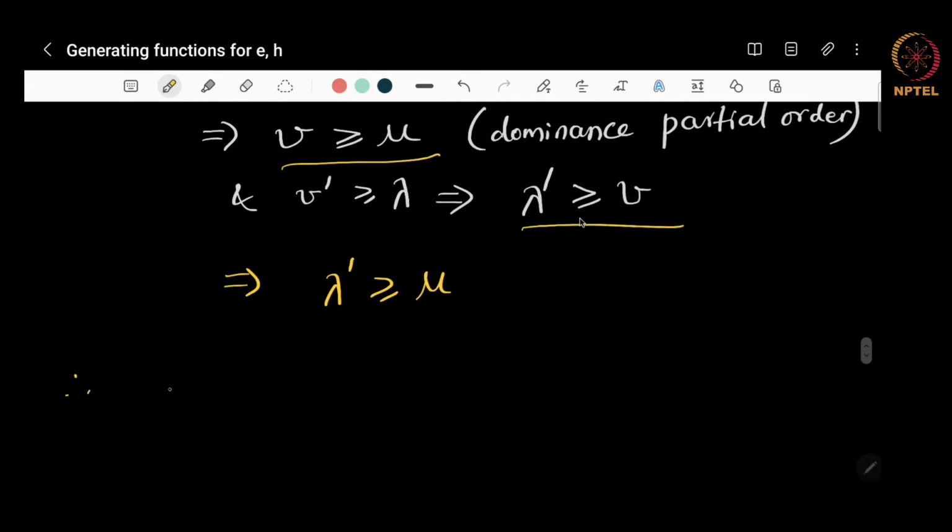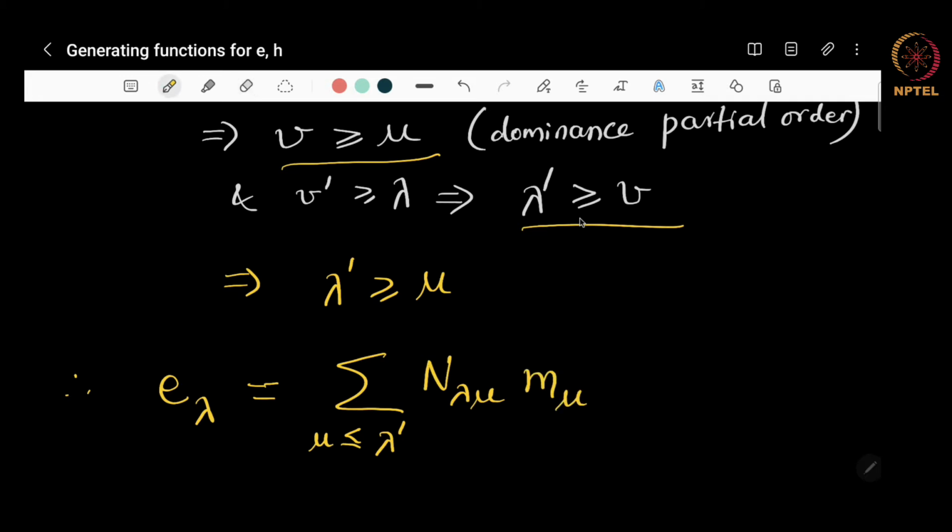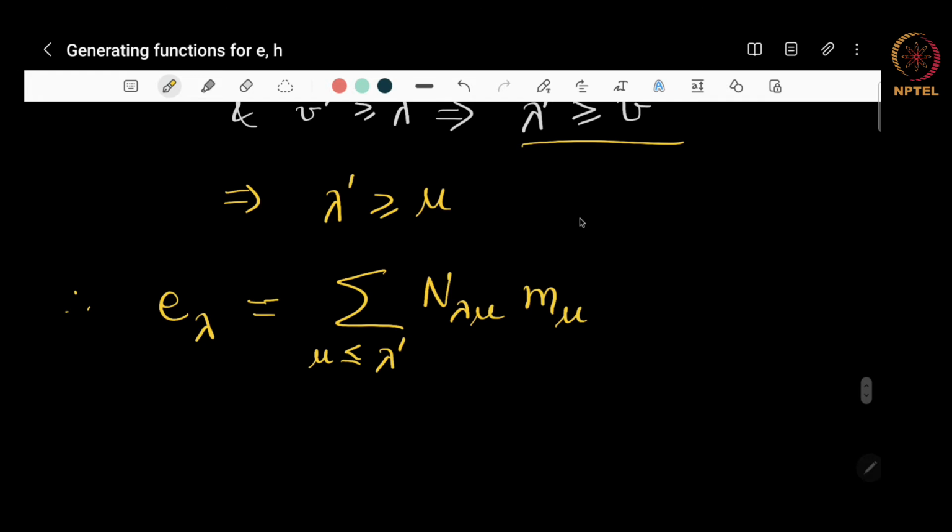Therefore we conclude that for E lambda there is no need to sum over all mu's. It's only those mu's less than or equal to the conjugate of lambda that can possibly give you a non-zero coefficient times m mu. So now what does this mean? This is a sort of triangularity statement.